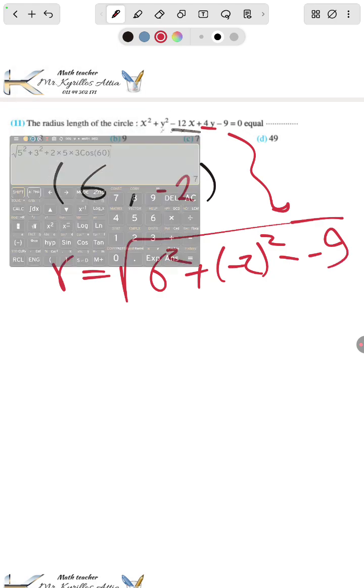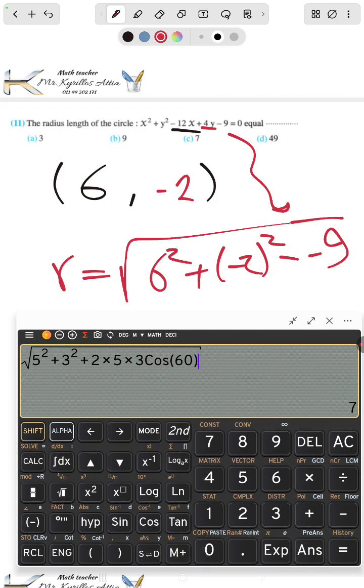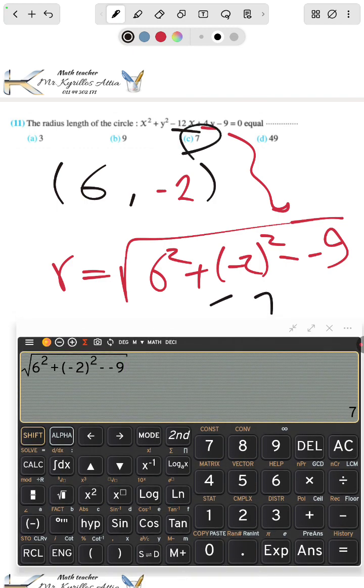By using the calculator, root of 6 squared plus -2 squared minus 9 equals 7. So the radius equals 7. Letter C.